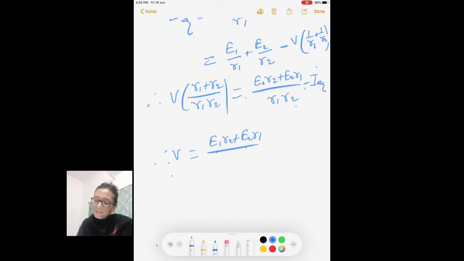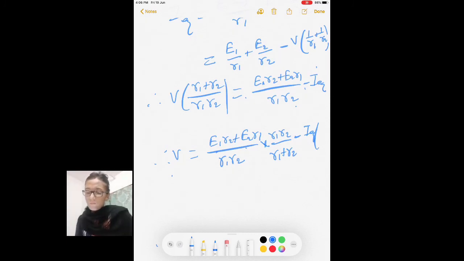Therefore, V comes equal to E1 R2 plus E2 R1 upon, okay, let me divide this term on this side. So when you will be dividing this term, you will find that this is equal to R1 R2 into R1 R2 divided by R1 plus R2 minus I equivalent into R1 R2 divided by R1 plus R2.